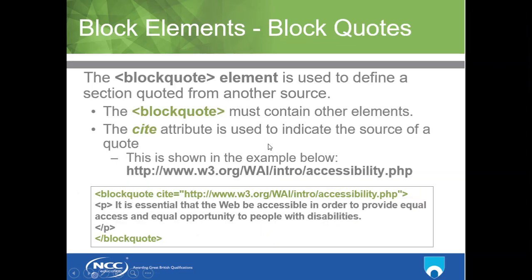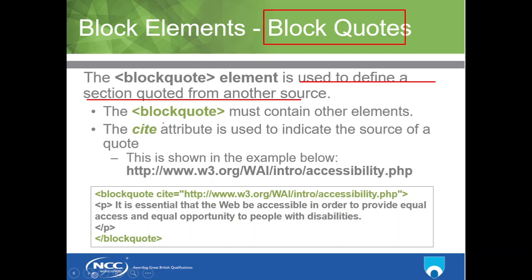Then we have blockquote. It's another block element, used to define a section quoted from another source. So when you want to do referencing, you use the blockquote. The blockquote must contain other elements. The cite attribute is used to indicate the source of the quote.